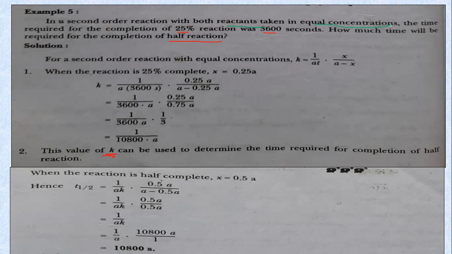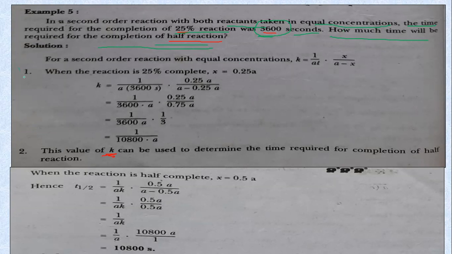The time required to complete 25% of the reaction is 3600 seconds. You can consider this in minutes or hours, whatever you want, but remember to keep the unit in a proper way, and mention the unit properly in the final answer. How much time would be required for completion of half reaction?